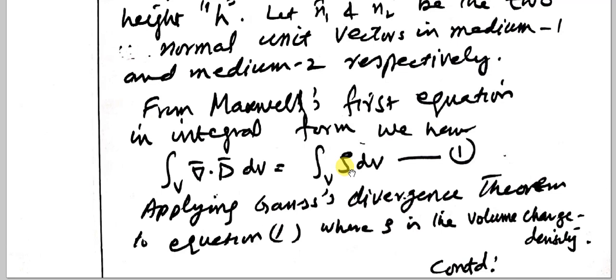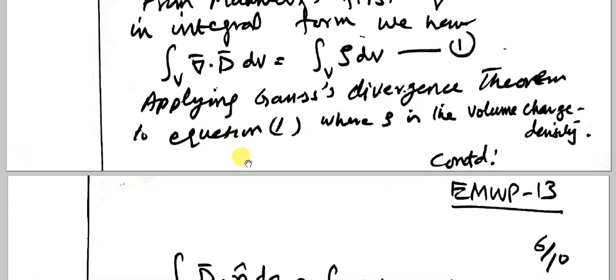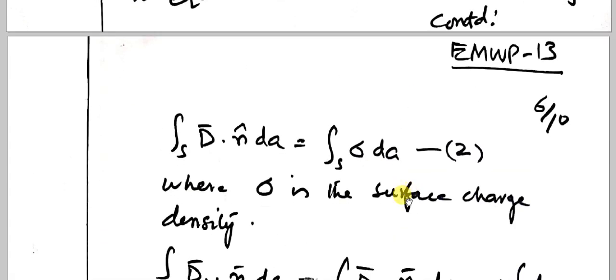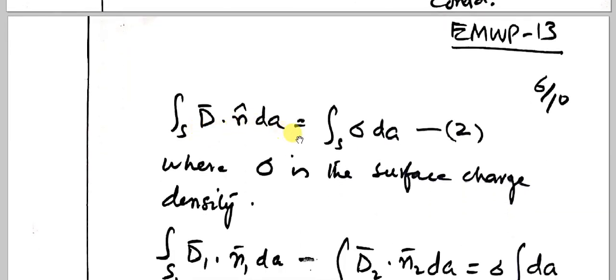Applying Gauss's divergence theorem to equation 1, we move from the volume integral to the surface integral, D dot n dA, which is equal to the surface integral of sigma dA, where sigma is the surface charge density.